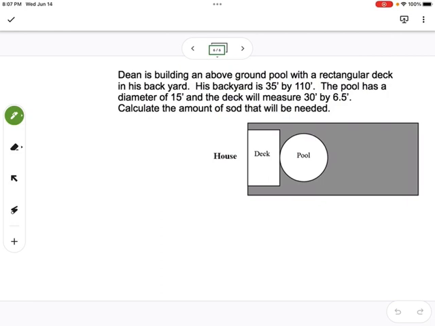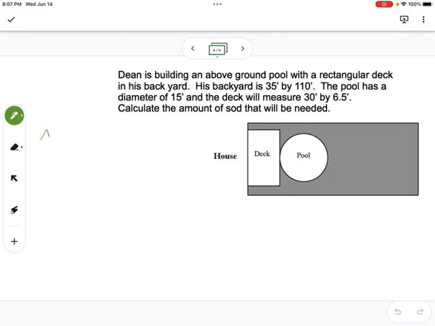So here we're wanting to calculate surface area. So there won't be sod needed for the deck or pool area. It'll only be the shaded area. So what we're going to do is find the area of each piece. We'll find the area of the whole yard and subtract the area of the deck and the pool to find the amount of sod.